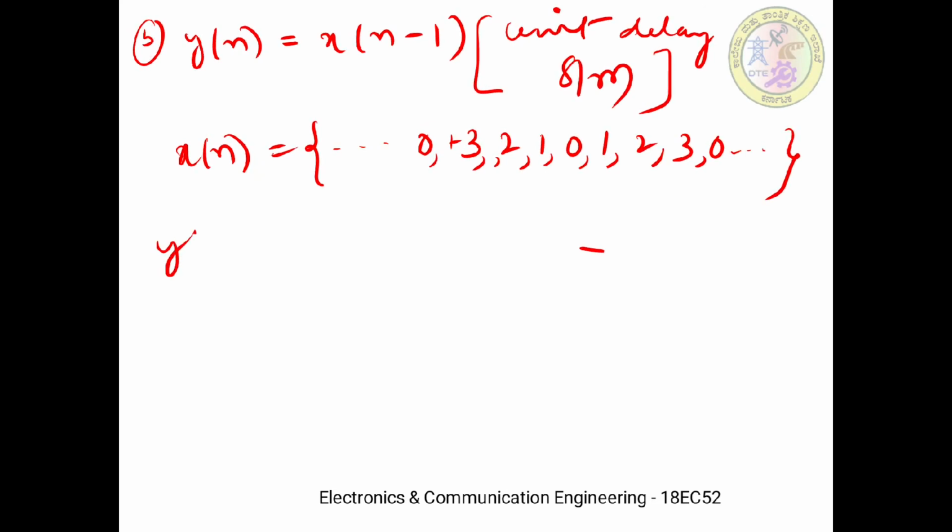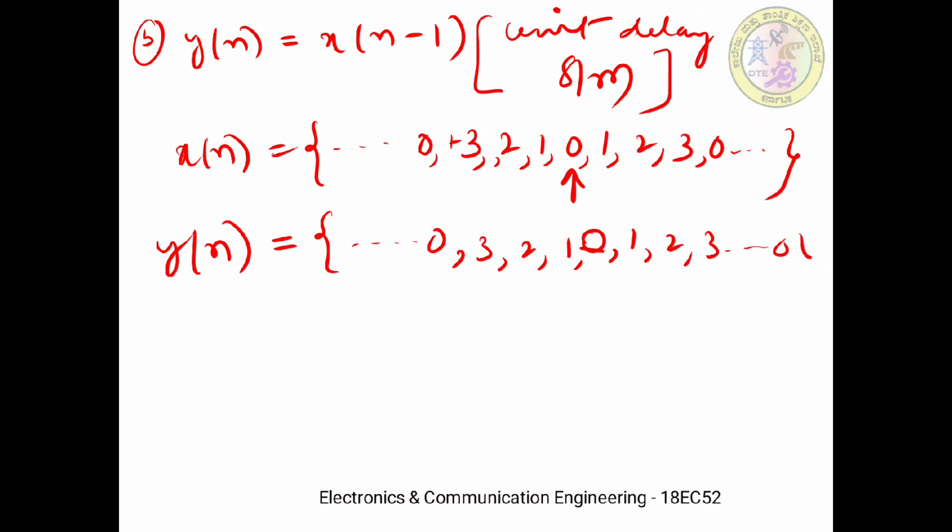So in this case, as it is a unit delay, y of n is equal to, now here it is the origin, but for y of n the response here will be 0 3 2 1, then 0 1 2 3. So this is the response.